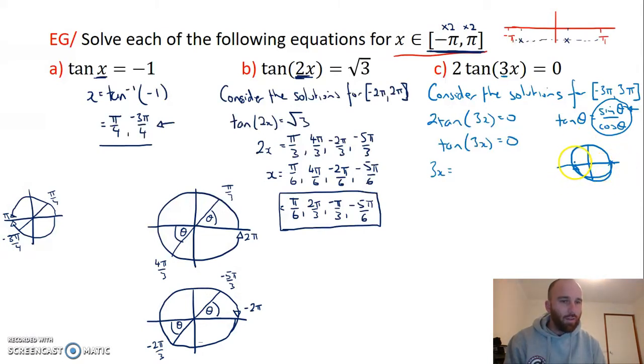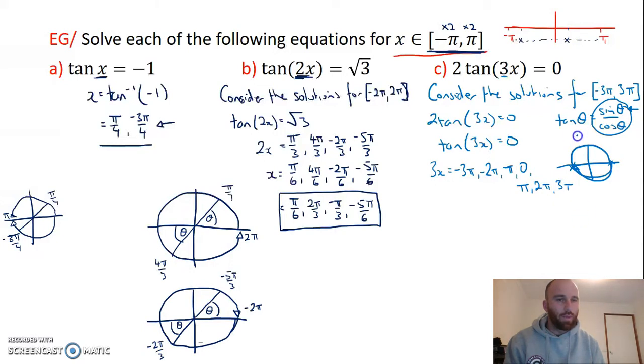What we've got is our first value will actually be negative 3 pi. As we go back, we get negative 2 pi, negative pi, 0. I'll write the rest down here. Pi, 2 pi, and 3 pi.